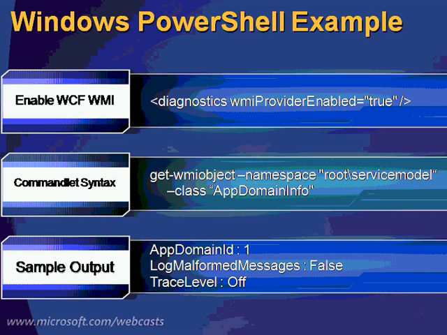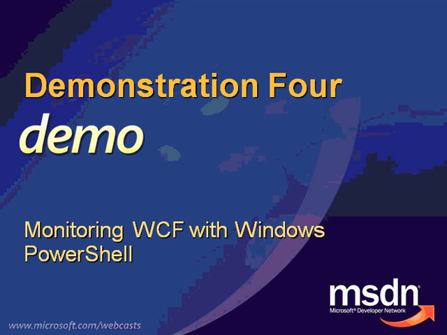The commandlet that we're going to look at is Get-WmiObject, which returns back information, and we pass in what namespace and what information about it. This allows us to display all of the properties of what's going on with our service. And then the output of these is returned as a collection of objects. So I can see what types of objects we're looking at, how many, what are the endpoints, whether or not we're tracing, and we can basically configure how we're doing our management using PowerShell.